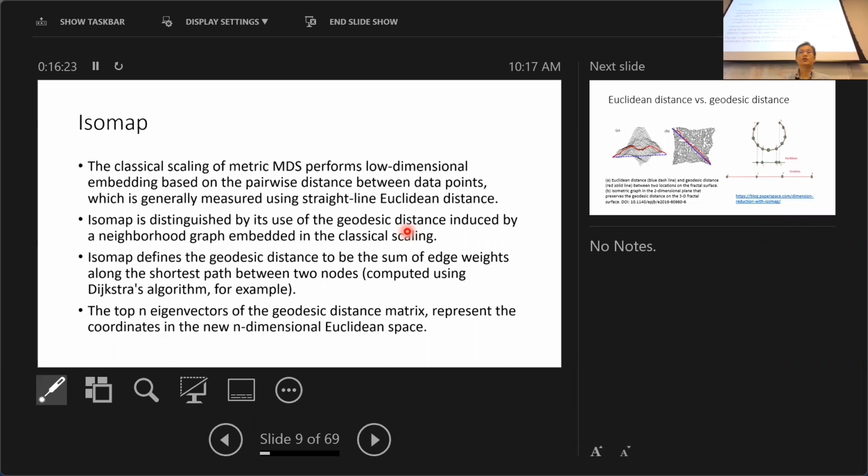Then you replace Euclidean distance with this geodesic distance, and once you have the distance matrix, the next step will be the same as MDS, multi-dimensional scaling. Okay.